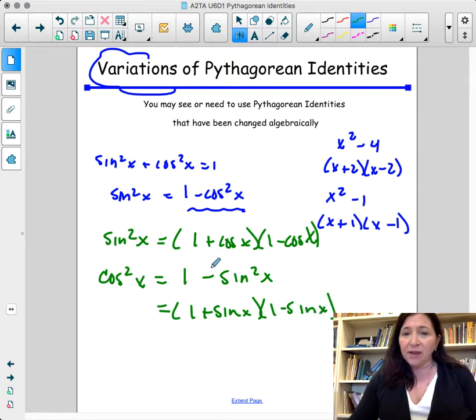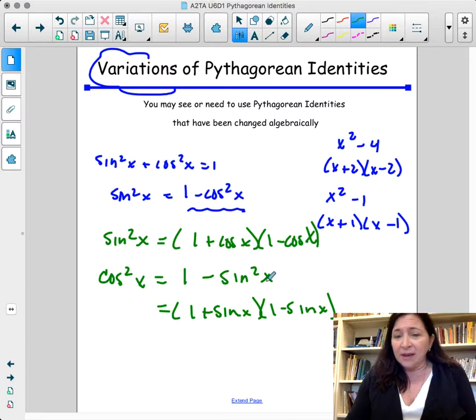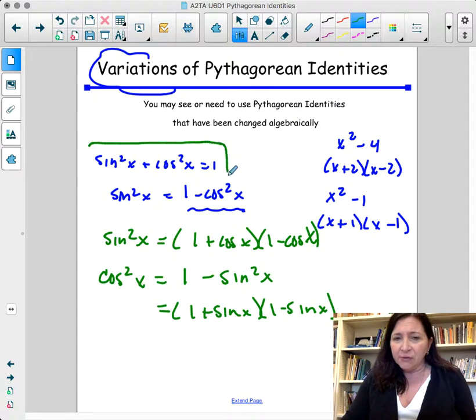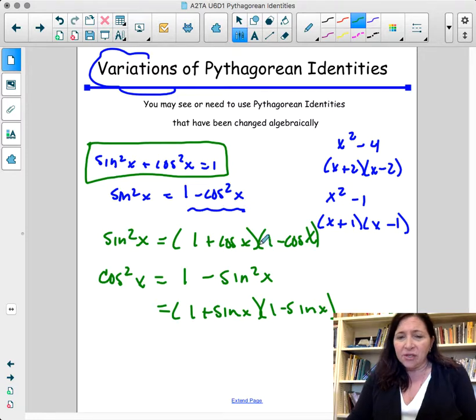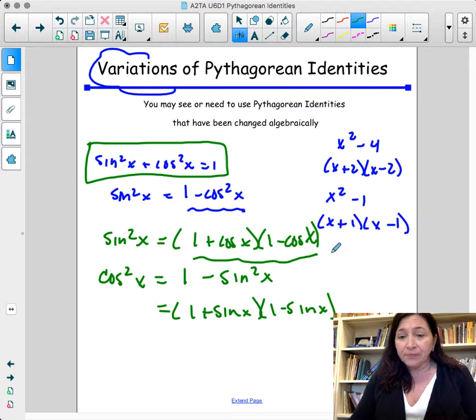So really what I'm doing is manipulating these identities into different variations of what they're equal to. And these all stem from this one identity here. By isolating the sine, I got this, and then I factored it.